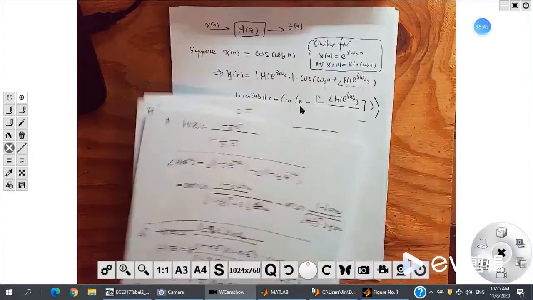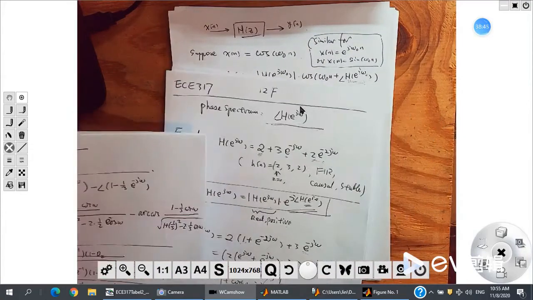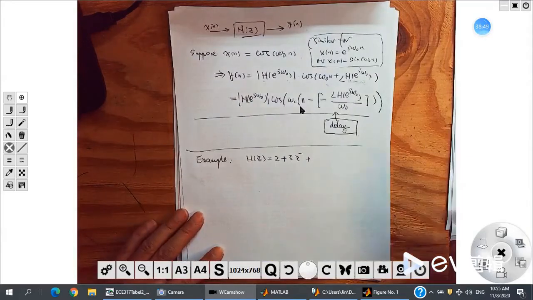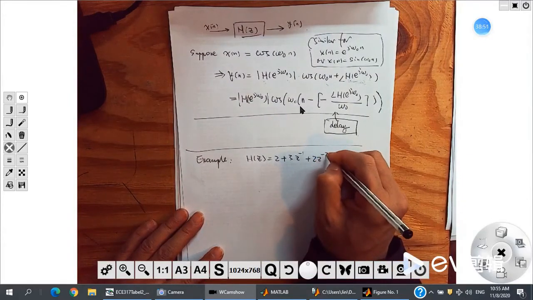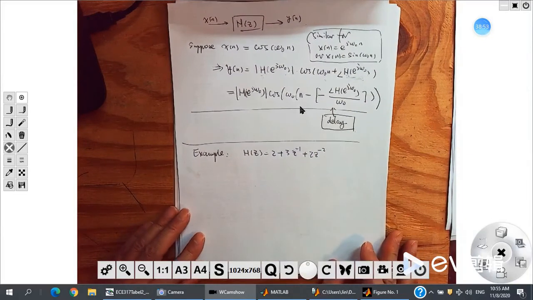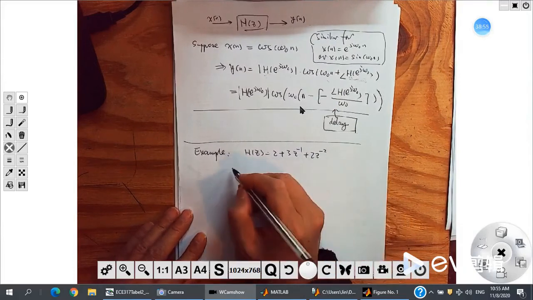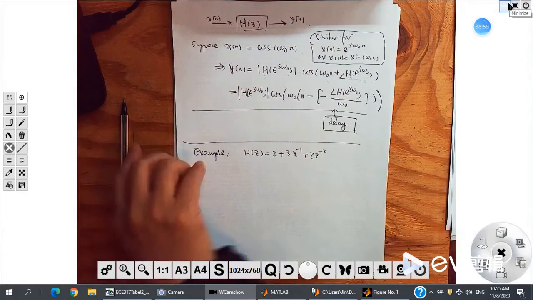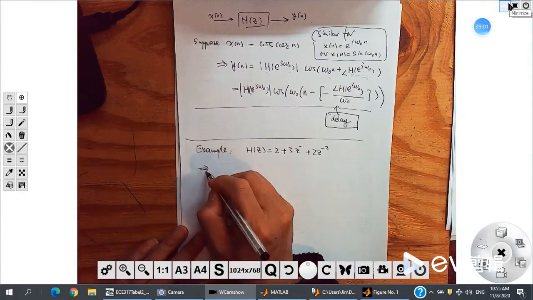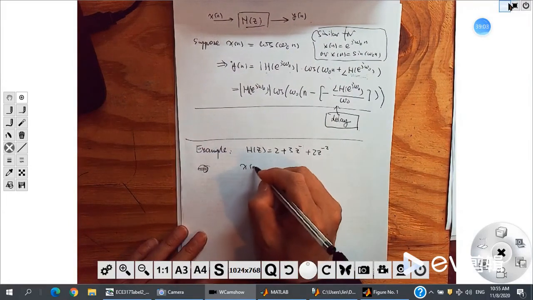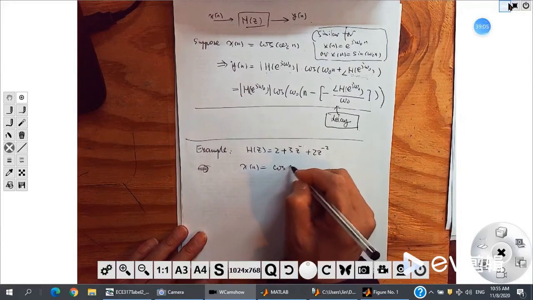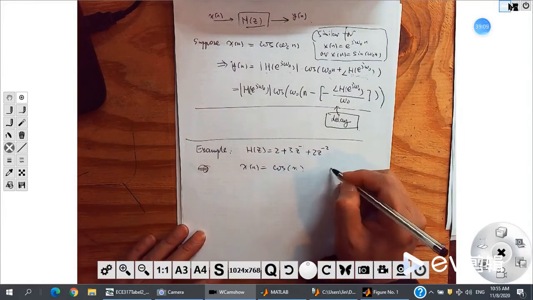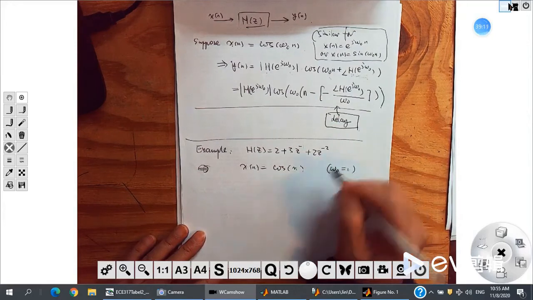Then what happens to the output? I suppose x[n] is cosine of ω0 n, and I just use ω0 equal to 1.